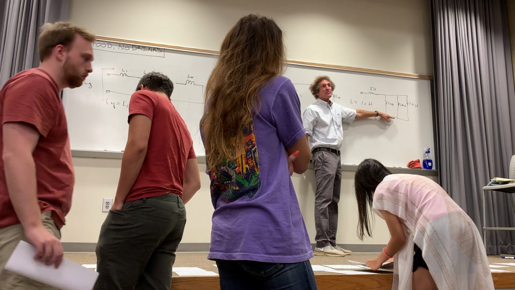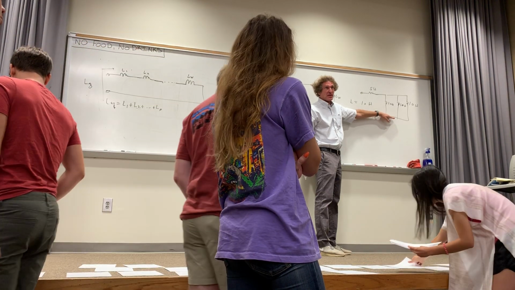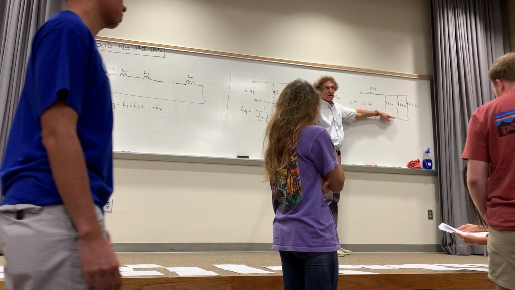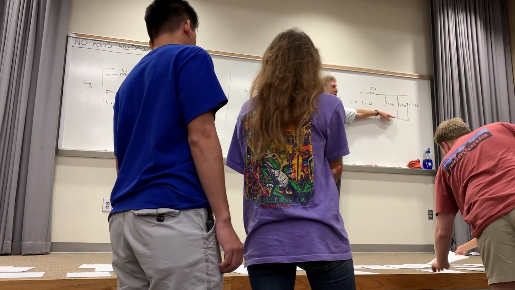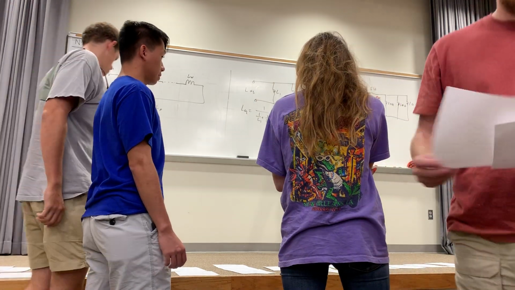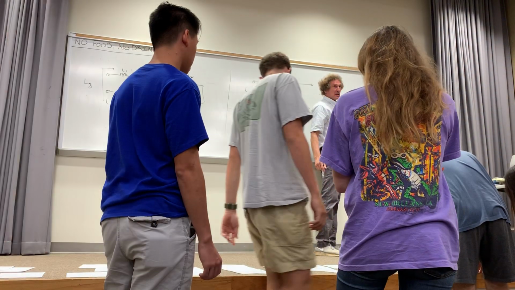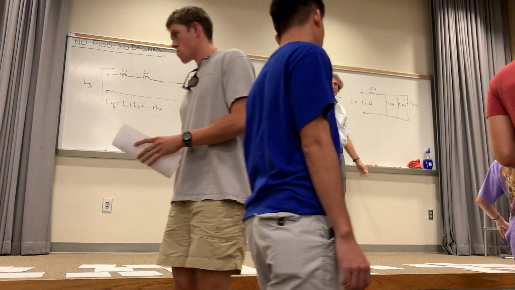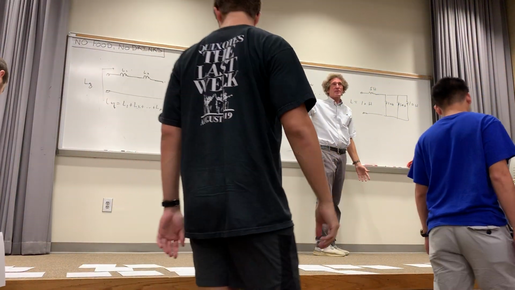It's just 10 divided by 3, right? Or 3.3333, plus 5. So it's really 8.3333 Henrys. That's how you do it with inductors. I didn't cover it before.